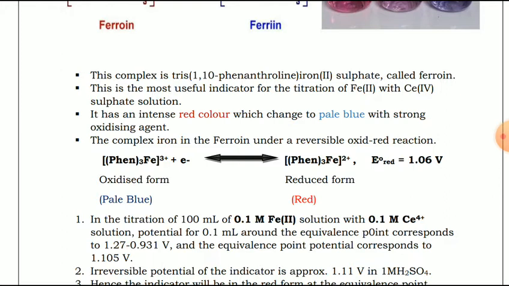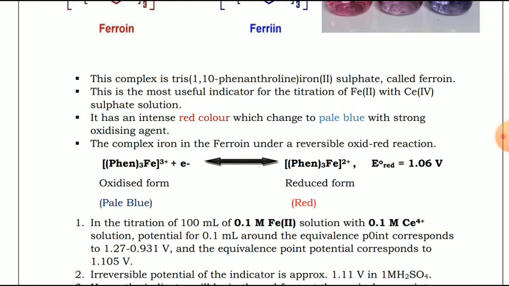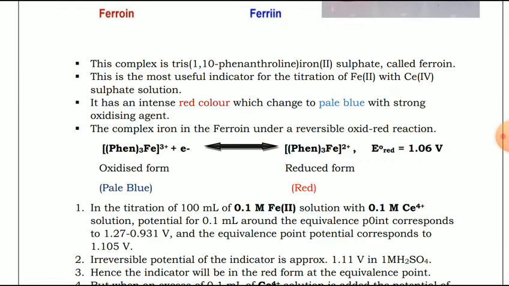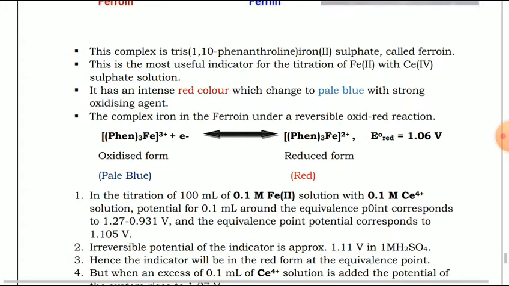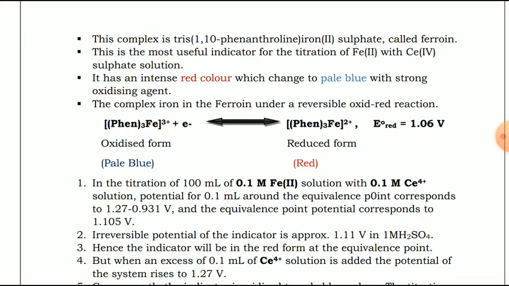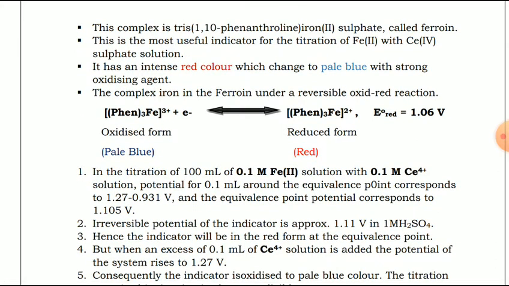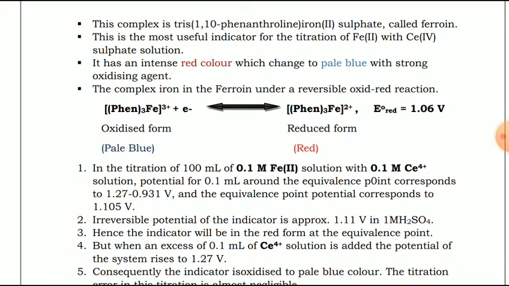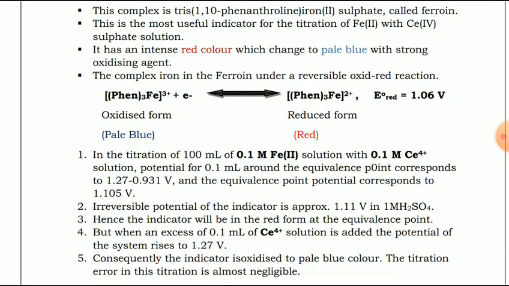The transition potential of the indicator is approximately 1.11 volt in presence of what? 1 molar H2SO4. Hence the indicator will be in the red form at the equivalence point. But when an excess of 0.1 ml of cerium 4 plus solution is added, the potential of the system rises to 1.27 volt. Consequently, the indicator is oxidized to pale blue color. The titration error in this titration is almost negligible.